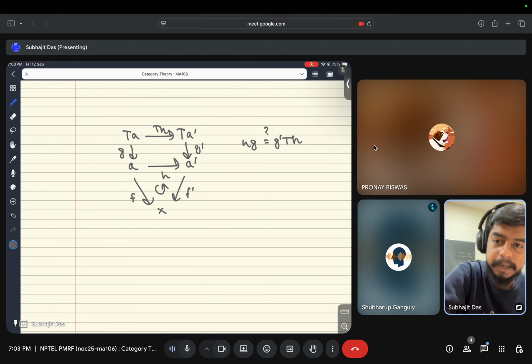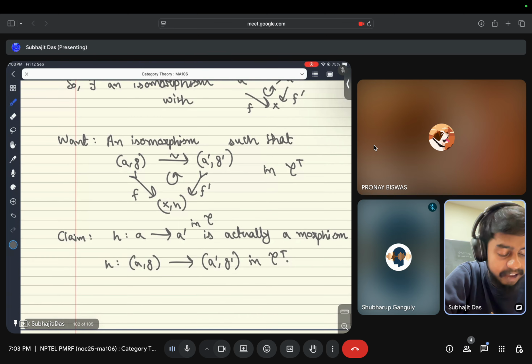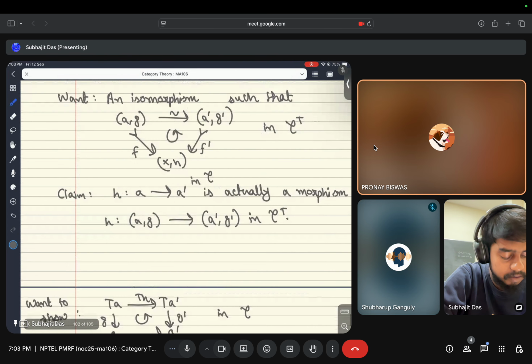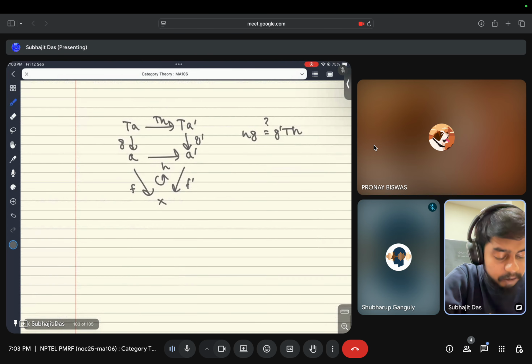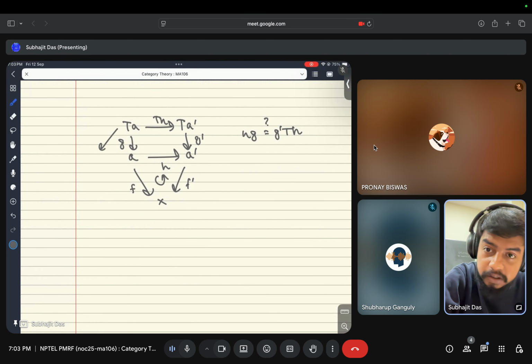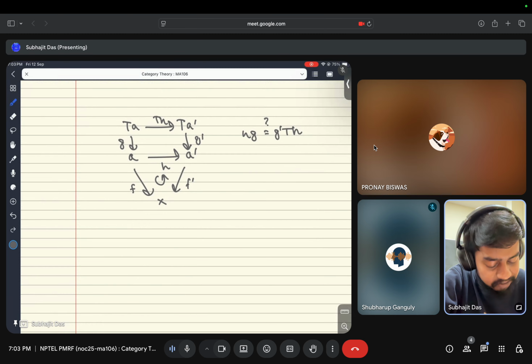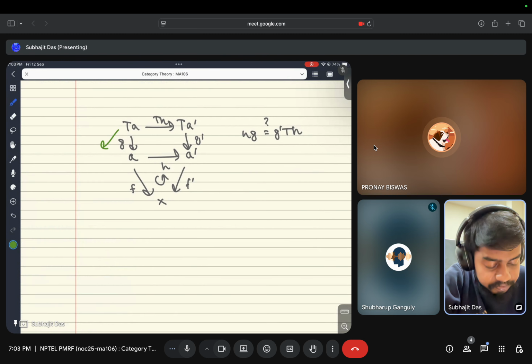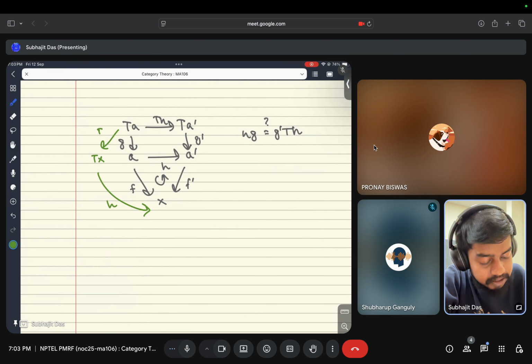I mean, there is, but if we took F to be an arrow in the category of T algebras from A, G to X, H. So going from TA to A and then to X is the same as going from TA to TX and then to X. This is H, this is TF.